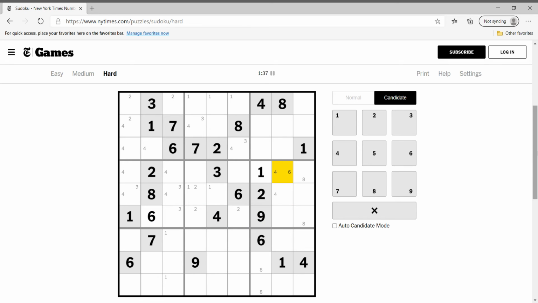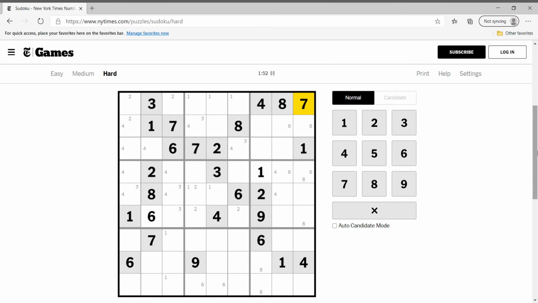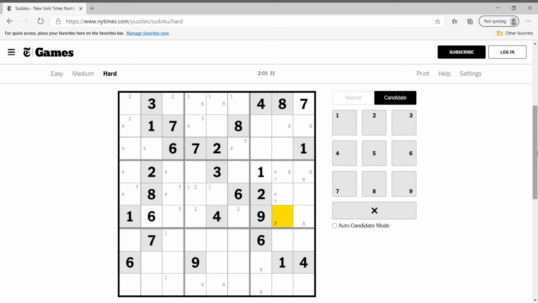So 6 is a flat over here and 3 cells over here, right? And 2 cells over here. 7. Okay, well actually this is 7. So 6 is actually flat, so 6's have to be like this. Now in this box, 7 of course is vertical, and that makes it a matching pair.